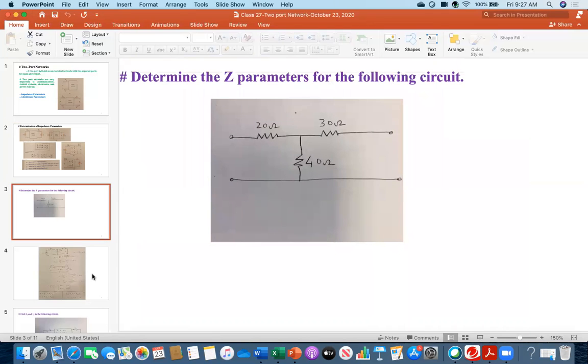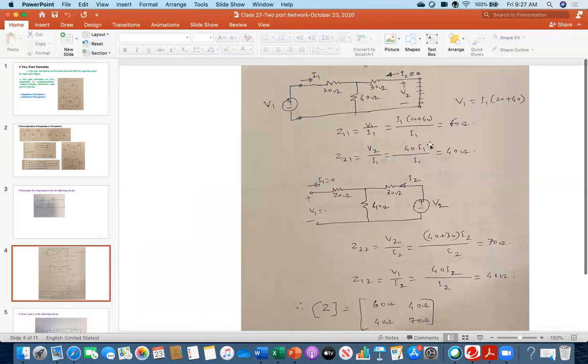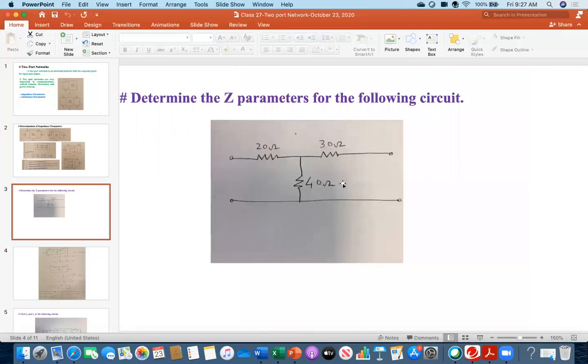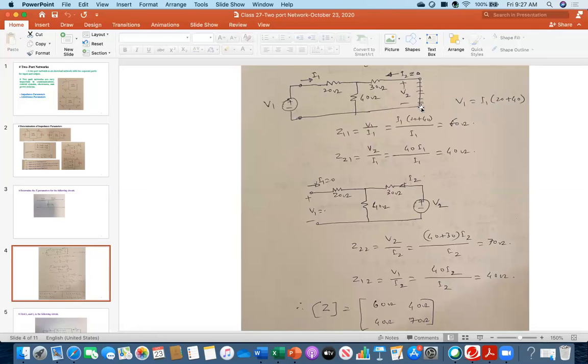I assume that there is voltage V1, current flowing is I1, through 20 ohm, 40 ohm, 30 ohm, that I have written down here. And the right side is open.